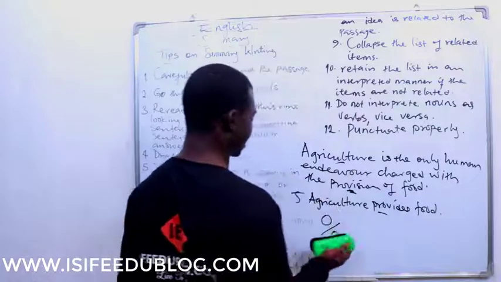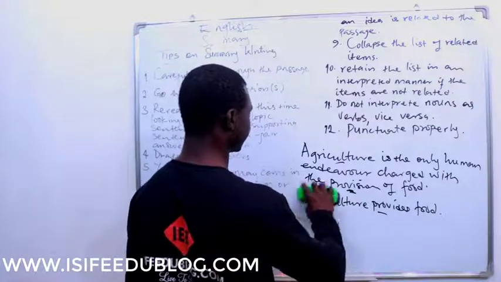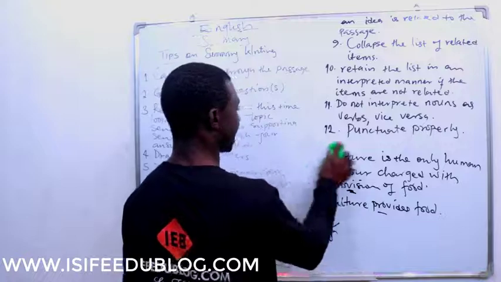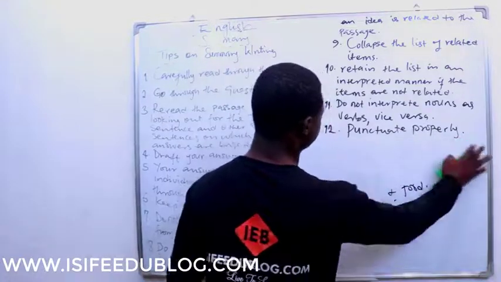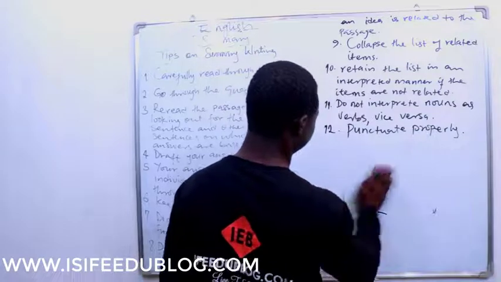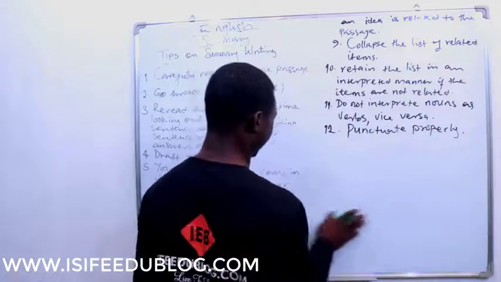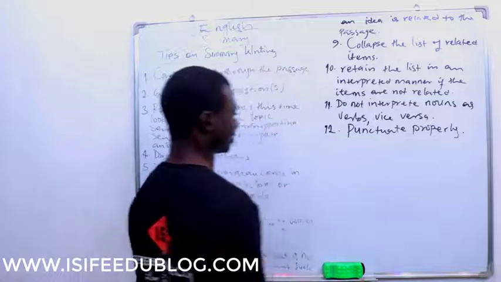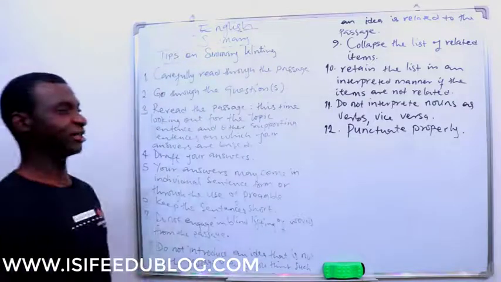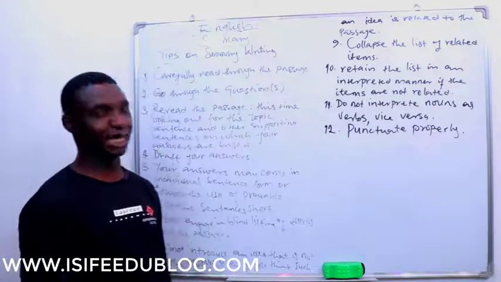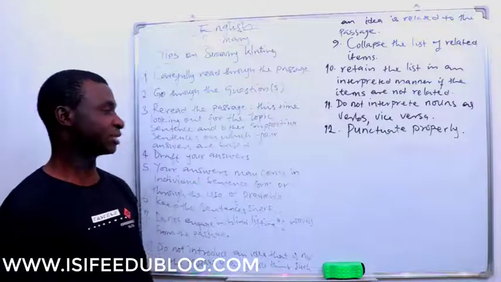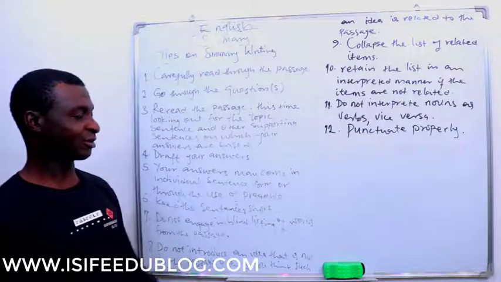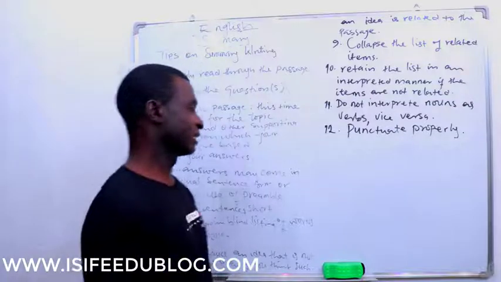Alright, so keywords can be retained. Agriculture is agriculture. Any other thing you do to interpret it will give you a lengthy number of words. The science of growing crops and rearing animals, that's agriculture. So it's a keyword. Food is food. And we have made provision, provide.